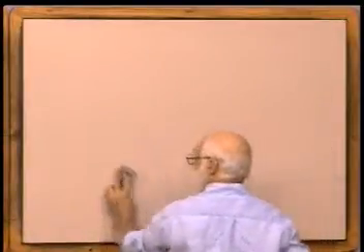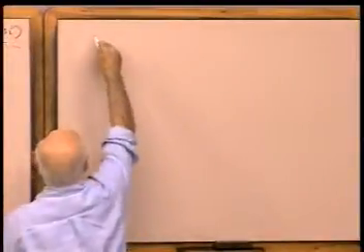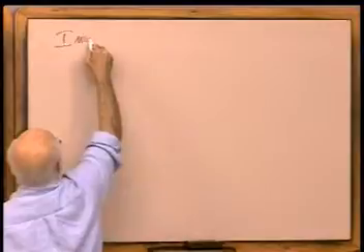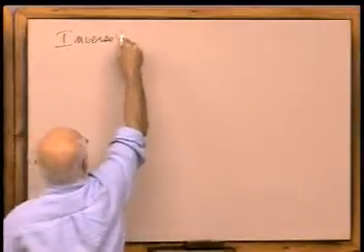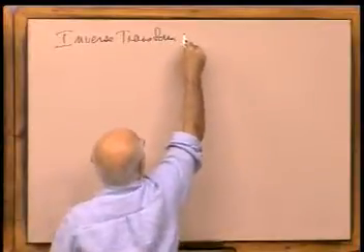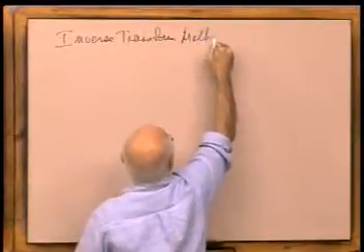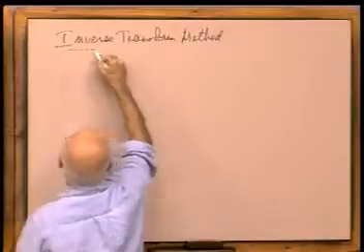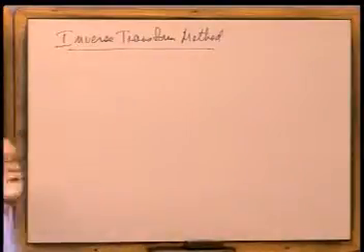Okay, so now how do you generate X? You do that using what's called the inverse transform method. It's not the only way of doing it, but it's probably the best for our purposes.